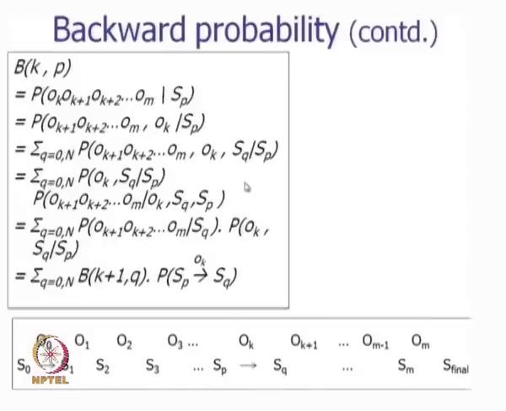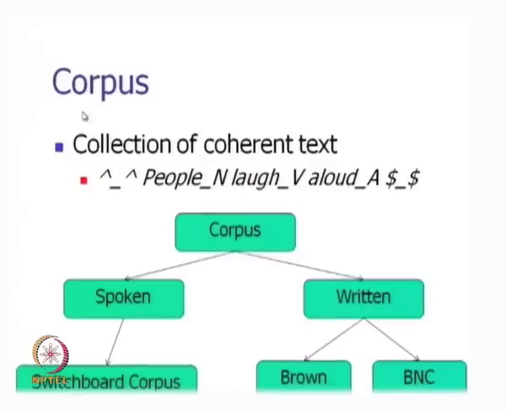All right. We now proceed to how the training of the hidden Markov model is done. The problem of part of speech tagging. We have chosen a particular problem here, the problem of part of speech tagging.